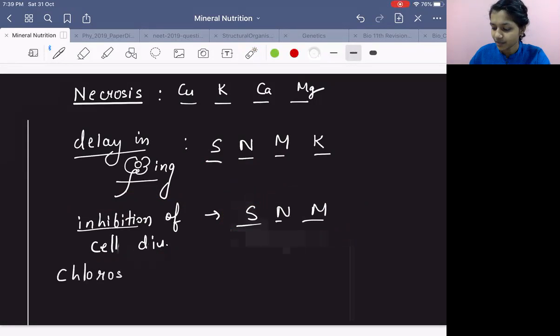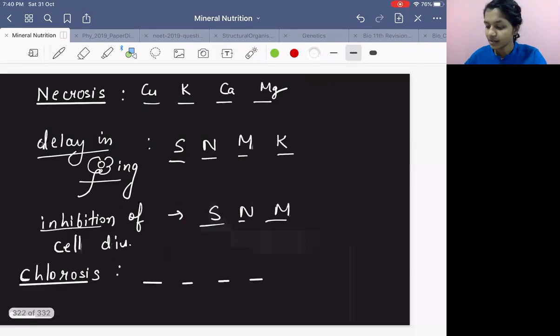The next thing was chlorosis. Do you remember? What is chlorosis? Lack of chlorophyll formation, right? Then you get the condition chlorosis. There were so many elements which were causing chlorosis. Yes or no? What were they? Can you check it out?